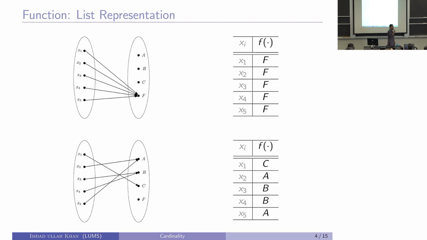Okay. So, here is a function. If you remember, that is how we represented it, this bipartite graph, and that function can be represented as a list. If I fix this order x1, x2, x3, x4, x5 on the domain, then I can just write a list of 5 f's, and that will represent exactly this mapping. What is f of x1? What is written in the first place? What is f of x5?